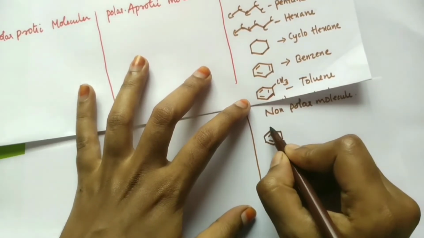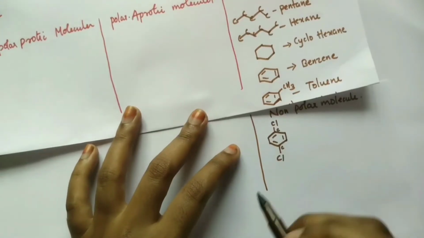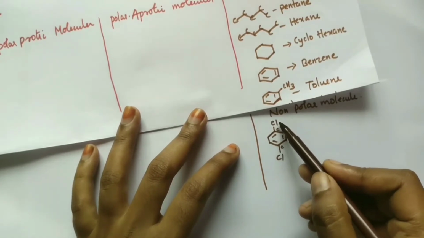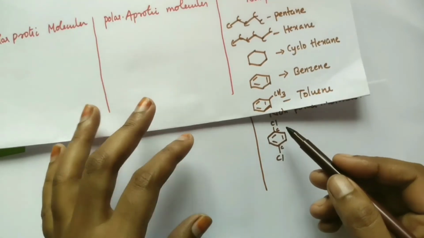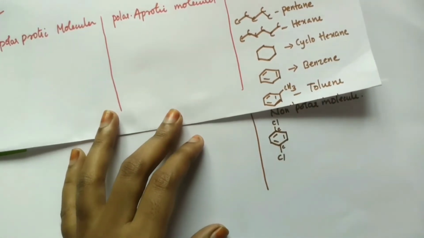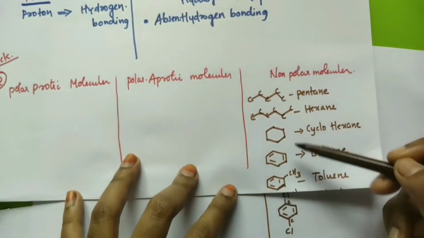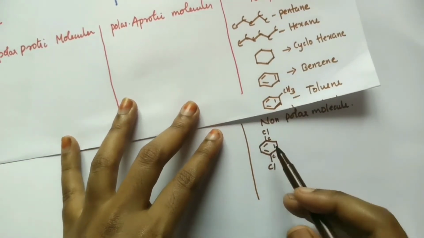and giving 2 chlorines. You may doubt that since chlorine is an electronegative element and carbon is also an electronegative element, the difference between these two is much greater than those we discussed earlier. So how is this possible for a non-polar molecule?